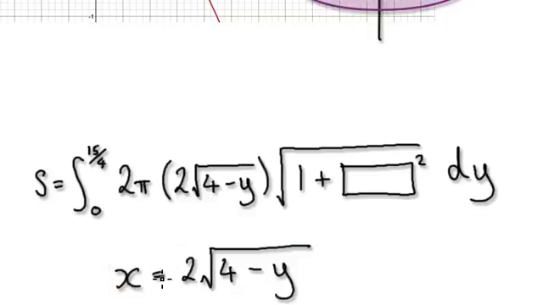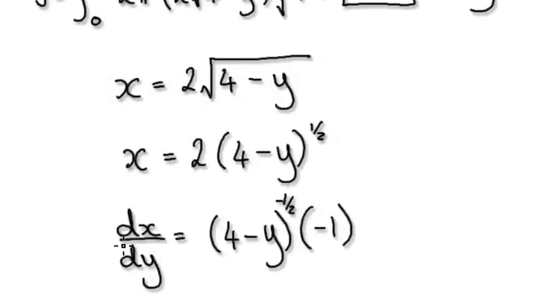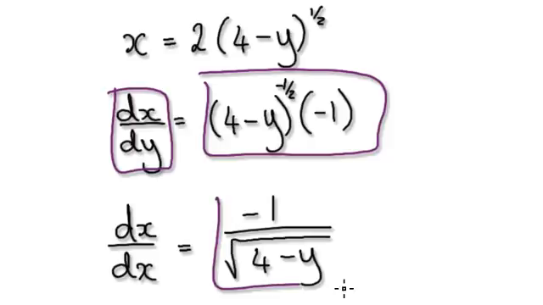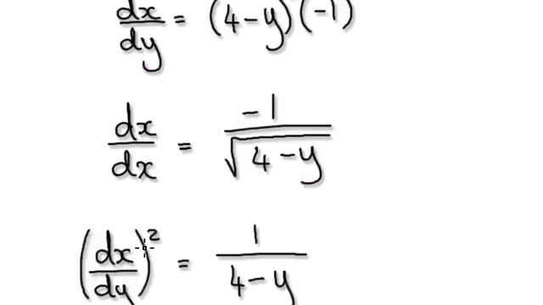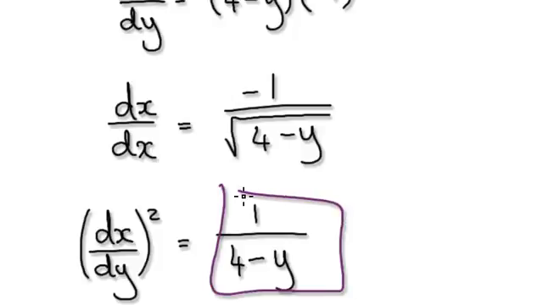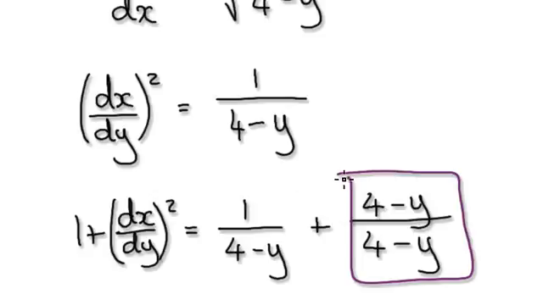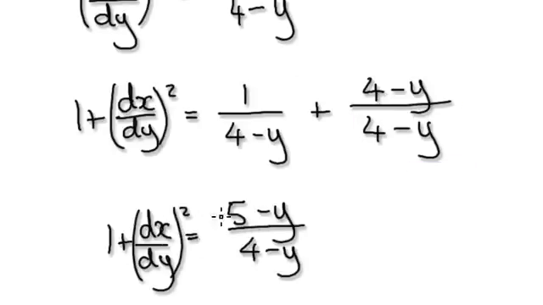Now we need to differentiate it. We need to find dx by dy, which equals this thing here, and when you tidy up, it gives you this, and then we need to square it. That will give you this, and then we need to add 1. So we add 1 here, and that will give you this.